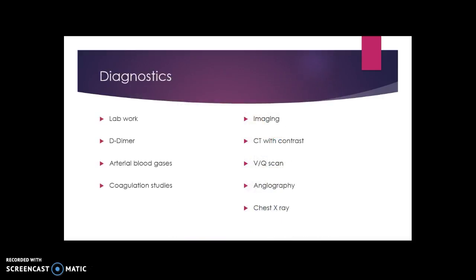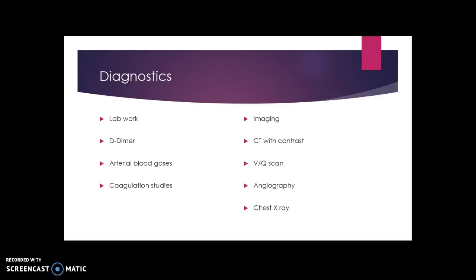As far as diagnostics go, there's two different ways that they go with diagnostics. One is to find if there is a pulmonary embolus, and some look at clotting. So lab work in general, you're going to think about something called a D-dimer. And a D-dimer is basically a picture of clotting activity in the blood. Okay, so the higher the D-dimer, the more suggestive it can be that the patient has a clot.